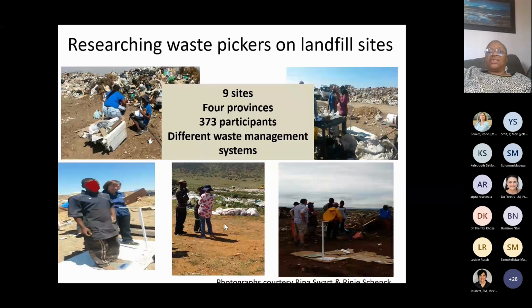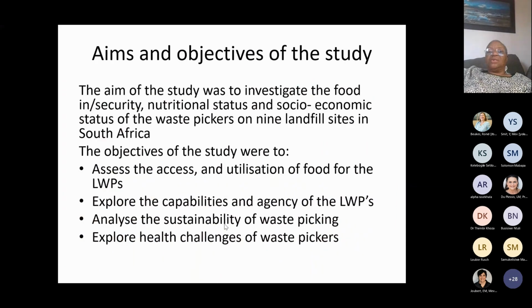The aim of their study was to investigate the food security, nutritional status, and socioeconomic status of waste pickers. They also explored the health challenges of waste pickers and used, next slide, cross-sectional triangulation.